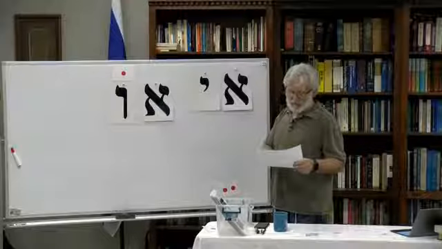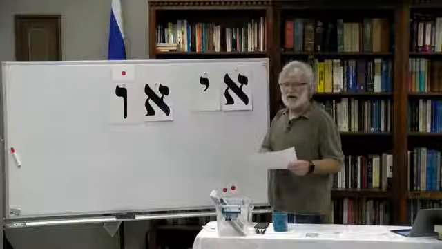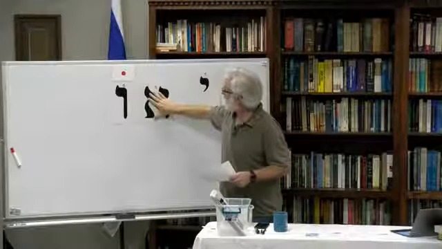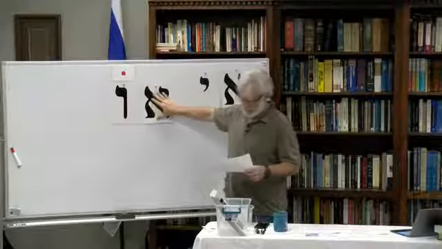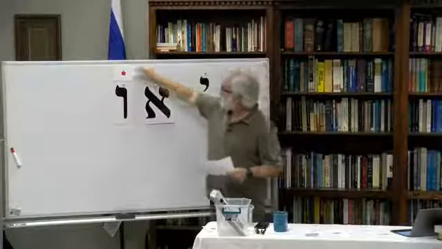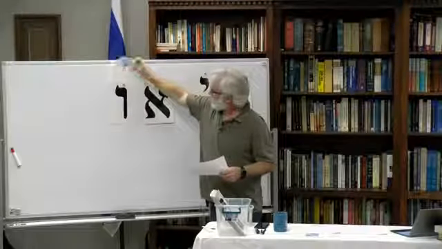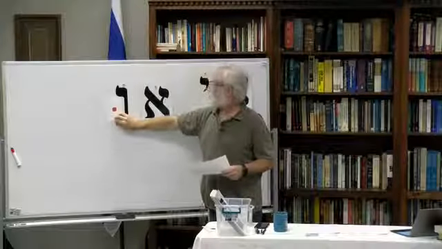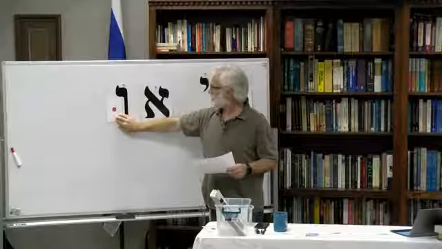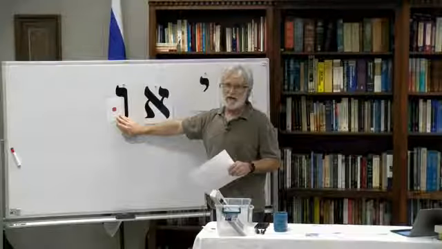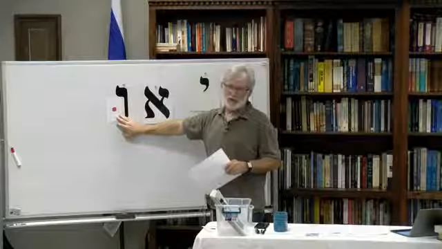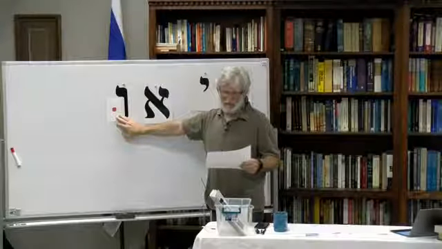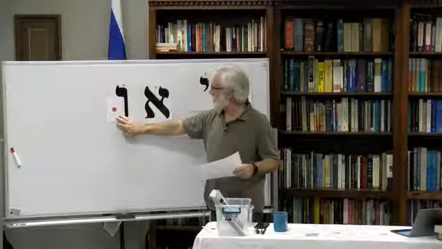It represents a Cholam Vav. This is our placeholder. All right, you see that on the chart? Now, if you see this in the center of the Vav, look at your chart, you'll see that that is a Shurik, and you can see the associated sound, the English approximation with these.